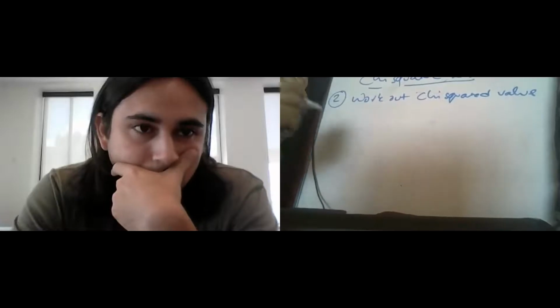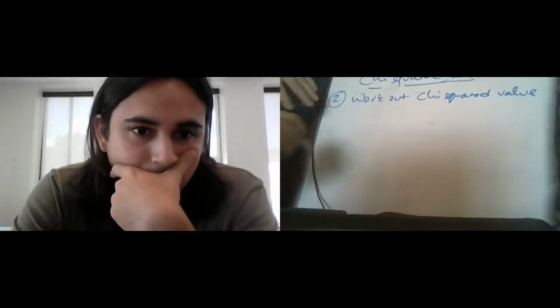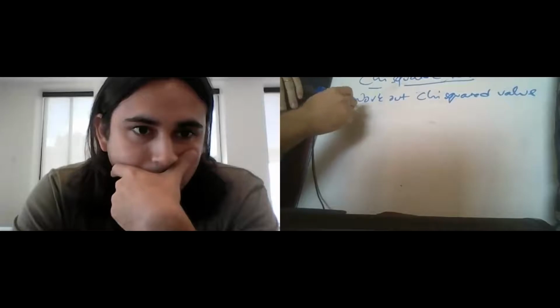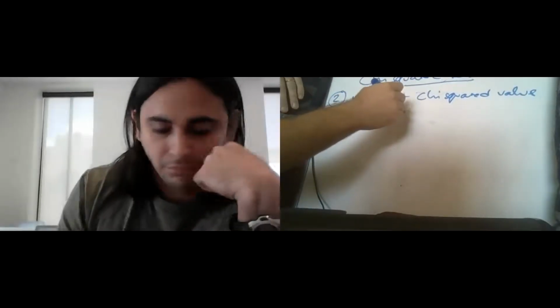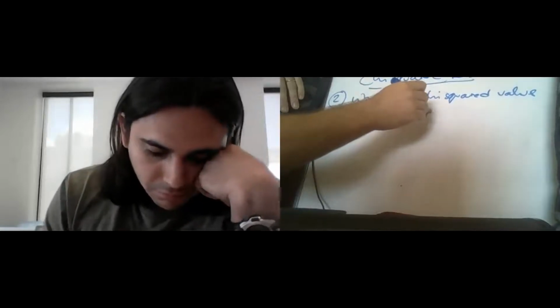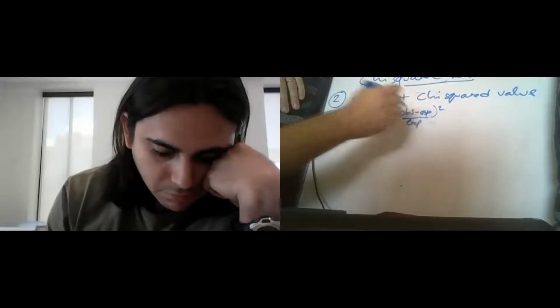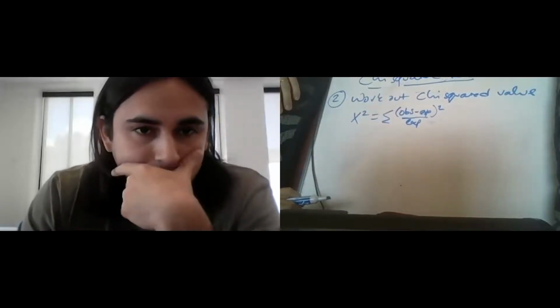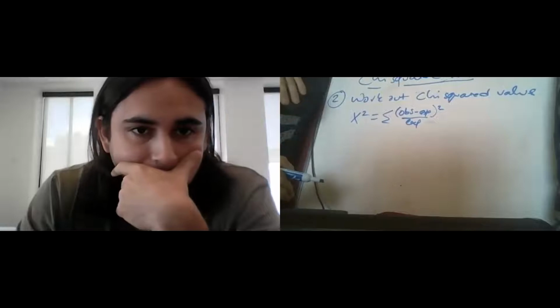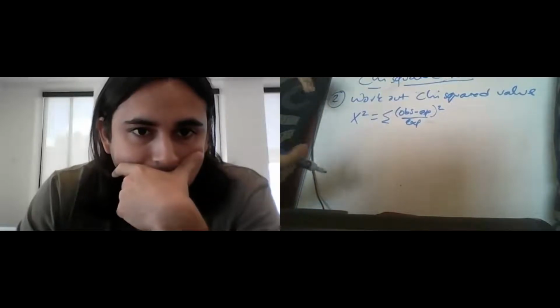Right? And so if we go back to that equation where chi-squared equals the sum of observed minus expected, squared, over expected, right? And now let's say we got 49 heads and 51 tails.